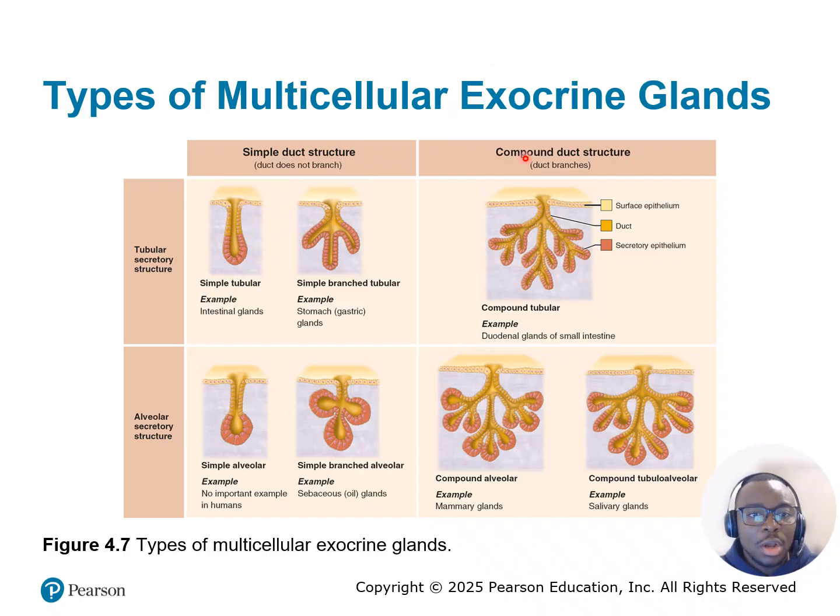Compound glands have branched ducts. The glands are further categorized by their secretory unit as either tubular, alveolar, or tubulo-alveolar. Tubular glands form tubes, for example, intestinal and stomach glands. Alveolar glands form flask-like sacs, for example, sebaceous glands. Tubulo-alveolar glands have both tubular and alveolar secretory units, for example, salivary glands.